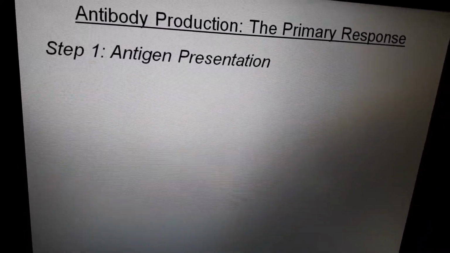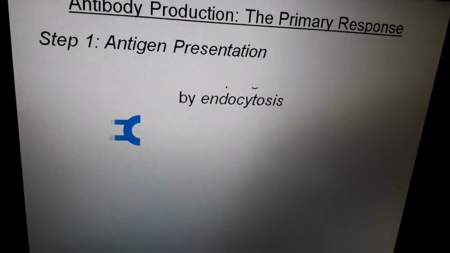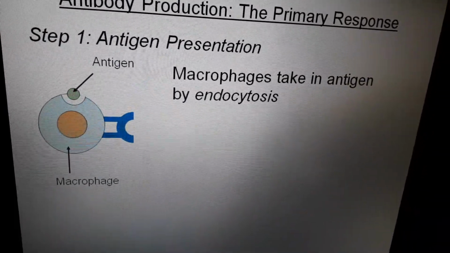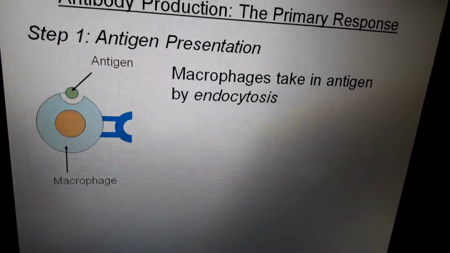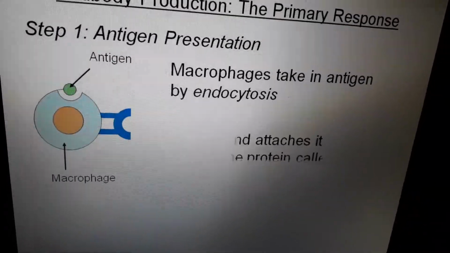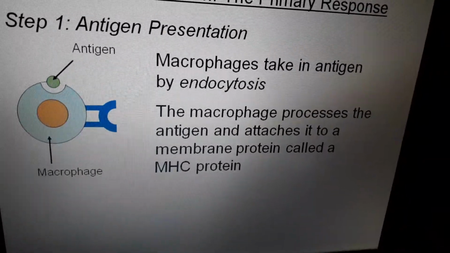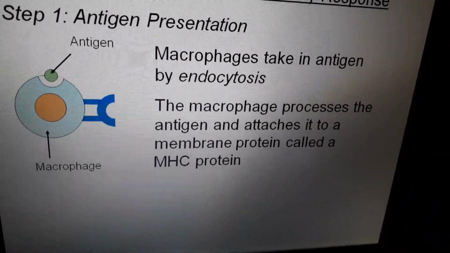When an antigen invades our body, the macrophage gets activated and takes in the antigen by endocytosis. Then the macrophage processes this antigen and attaches it to a membrane protein called the MHC protein.